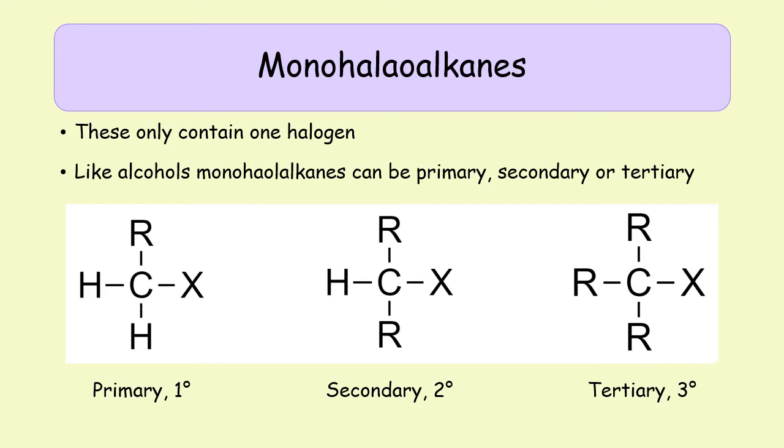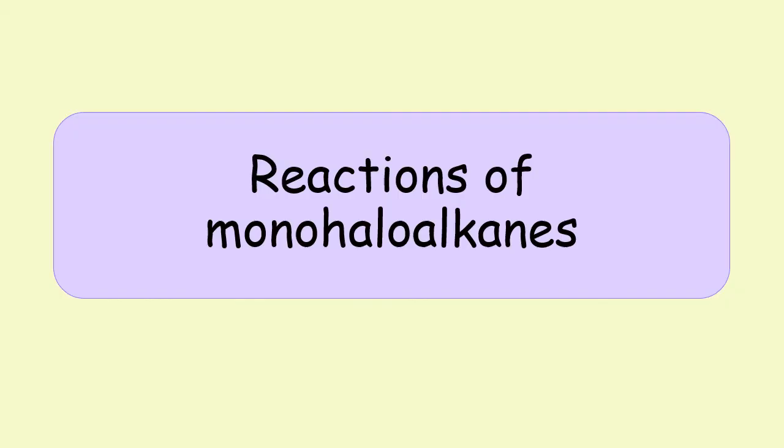And if it has 3 carbons bonded to it, it is a tertiary haloalkane. You need to be able to identify whether they are primary, secondary, or tertiary, because just like alcohols, they have slightly different reactivities. This will come into play, particularly when we're looking at mechanisms for reactions.